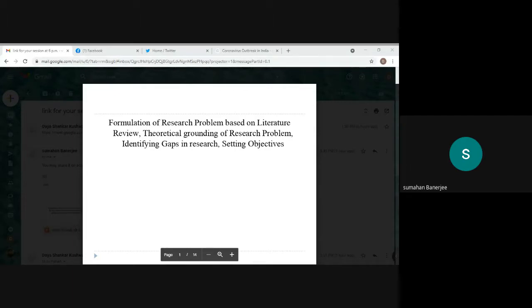He or she will pose the problem, and this problem will be elaborated with the research questions, which will address the gaps in research. And accordingly, to answer these questions, we shall set the objectives.